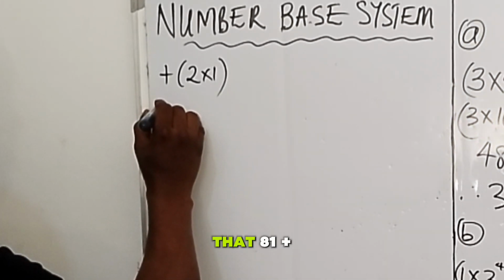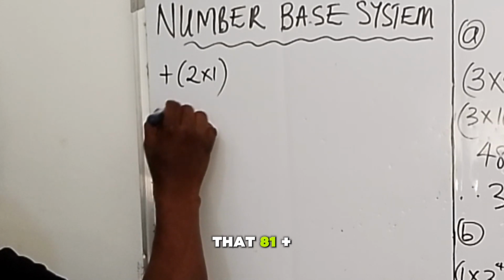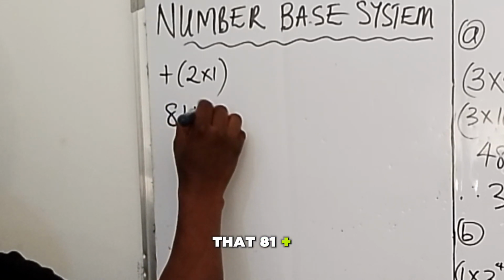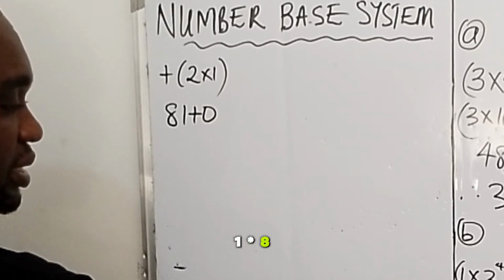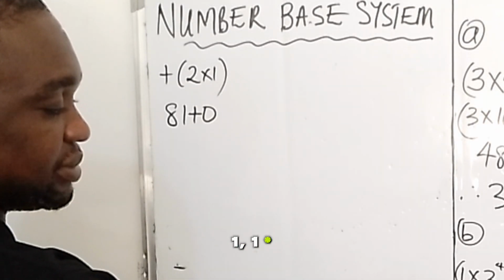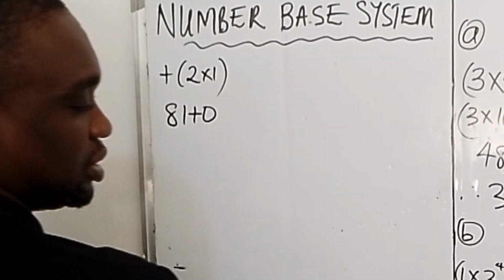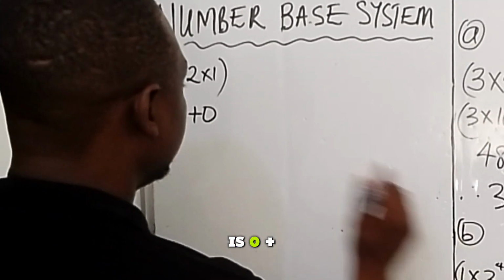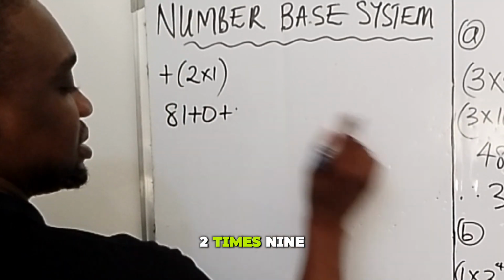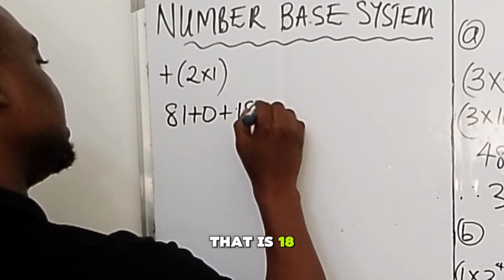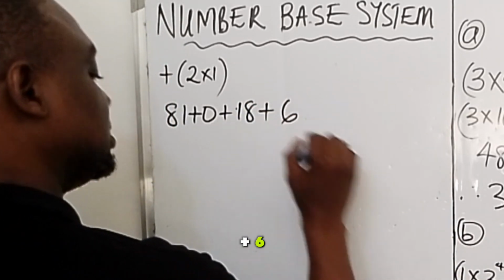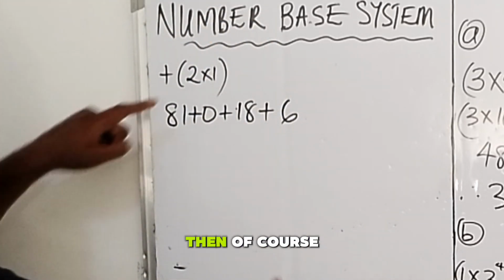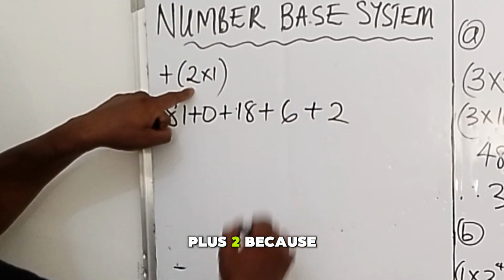So 1 times 81 is 81, 0 times 27 is 0, 2 times 9 is 18, 2 times 3 is 6, plus 2 times 1, which is 2.